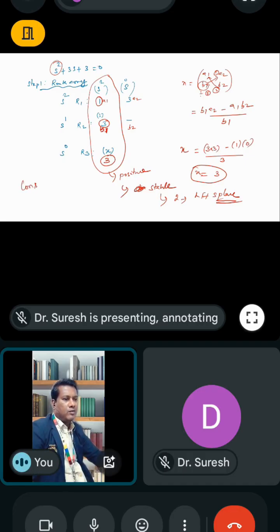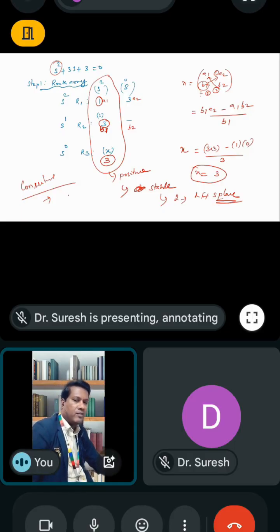The final conclusion is: inspect the first column of the Routh array. There are no negative elements, therefore the system is stable.